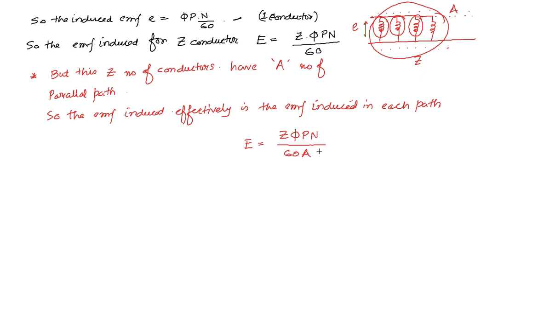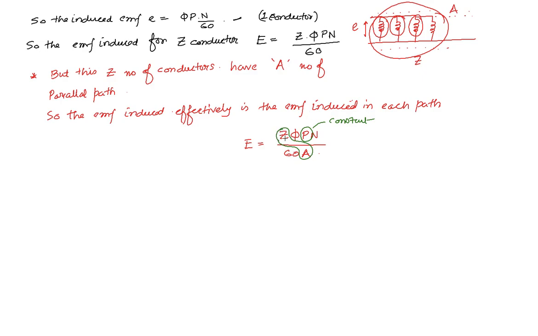Okay. So now you can think one thing, P is the number of poles. It is a constant, because it depends upon what kind of generator you are using, how many poles that generator has. And Z by A: Z is the number of conductors, and A is the number of parallel paths.